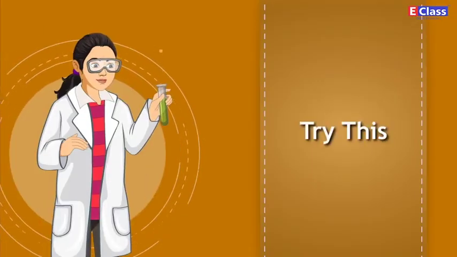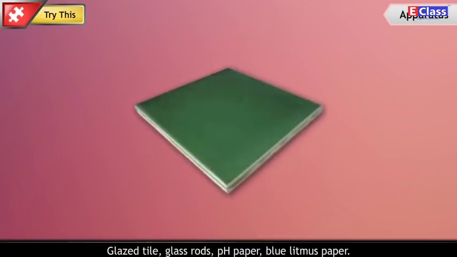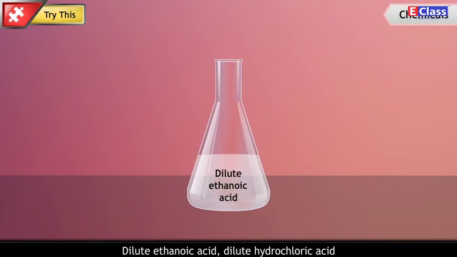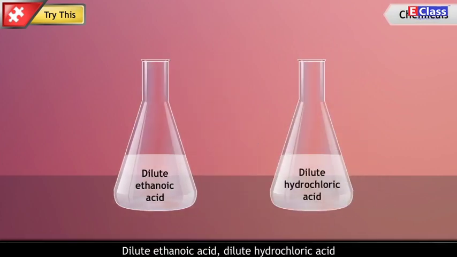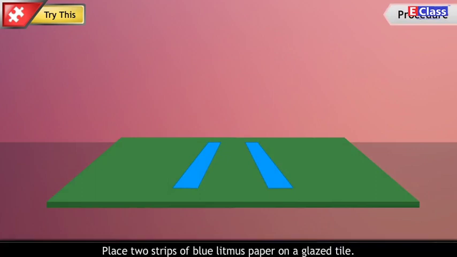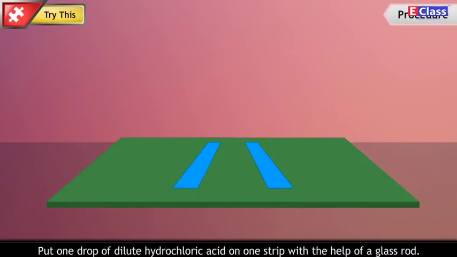Try this. Apparatus: glazed tile, glass rods, pH paper, blue litmus paper. Chemicals: dilute ethanoic acid, dilute hydrochloric acid. Procedure: place 2 strips of blue litmus paper on a glazed tile.